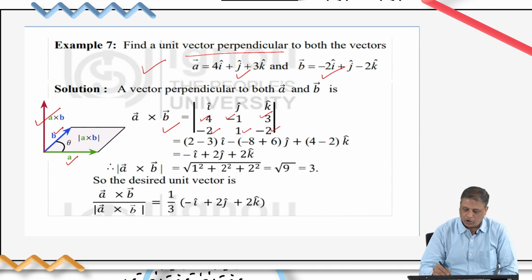Substituting the values and solving, you get the value of A cross B as minus I plus 2j plus 2k.